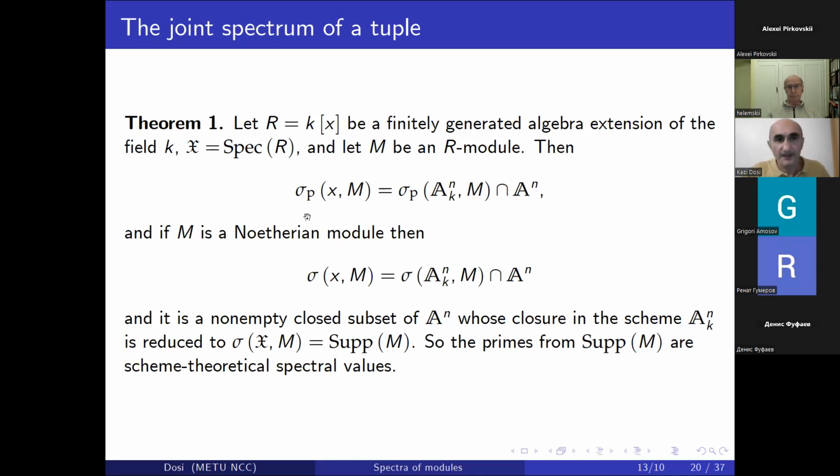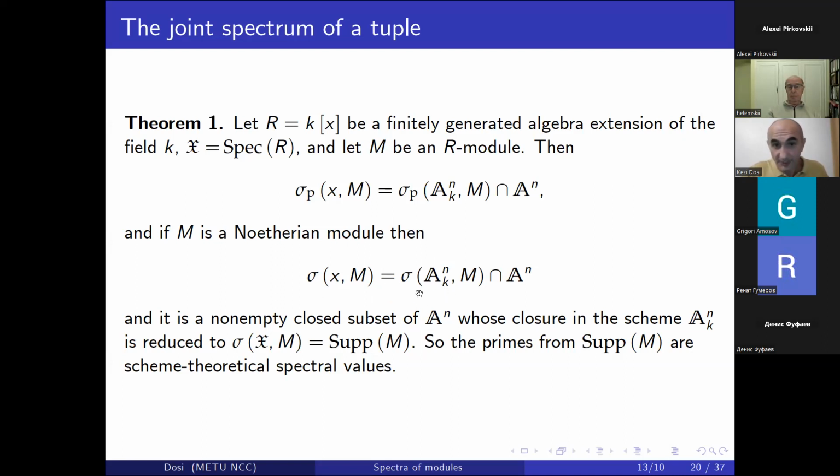We proved it again. If M is a Noetherian module, this is a non-trivial fact, then the spectrum, that means the support, intersected with AN, that means closed points or maximal ideals from the support, will be exactly representing the Taylor spectrum of X over N. So the Taylor spectrum turns out to be a non-empty closed subset whose closure in the affine scheme will be exactly my support.